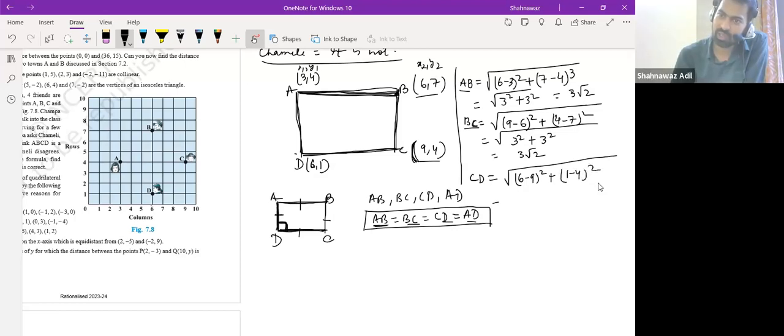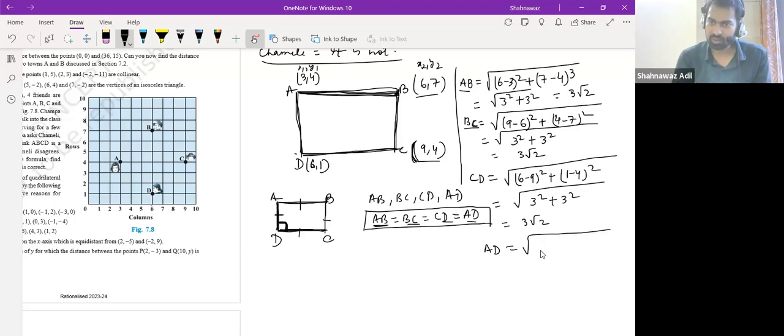So this is again 3 square plus 3 square, which is 3 root 2. So this is CD and the last one is AD. Right, so AD would be how much? Again, let me write. So 6 minus 3 square plus 1 minus 4 square. So this would be again 3 square plus 3 square, which is 3 root 2.